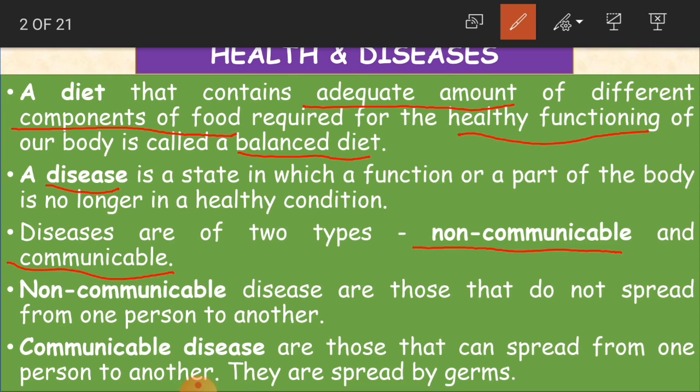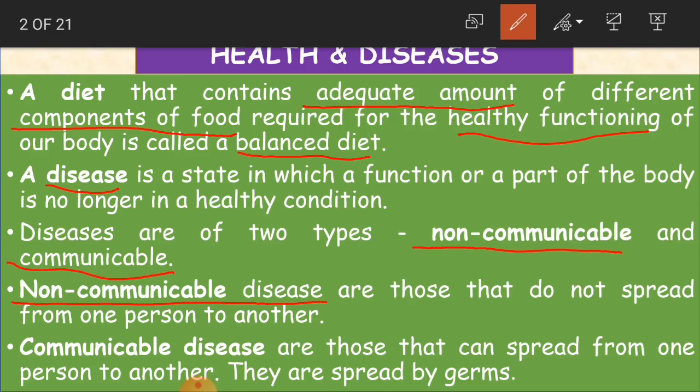Again, as we said, diseases are of two types, and non-communicable diseases are those which do not spread from one person to another. So it is not going to transfer from one person to another person. That is a non-communicable disease.